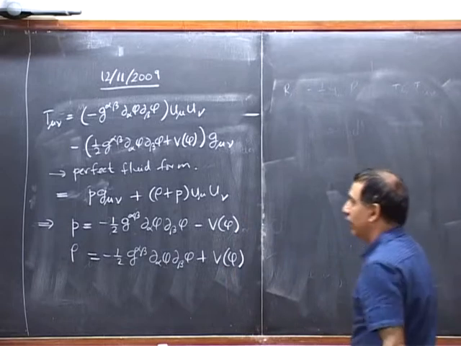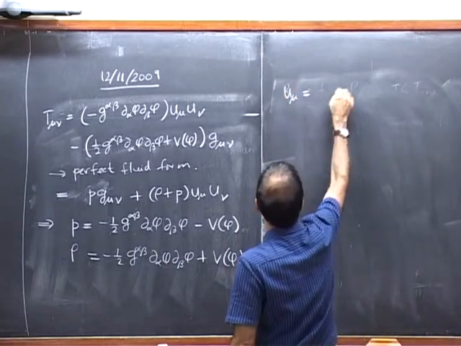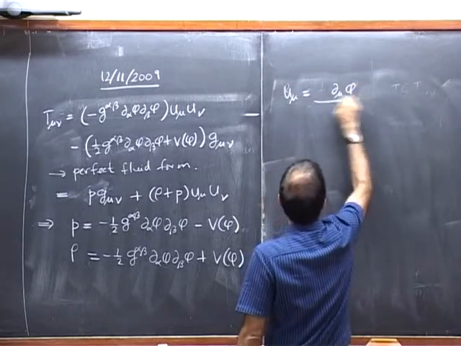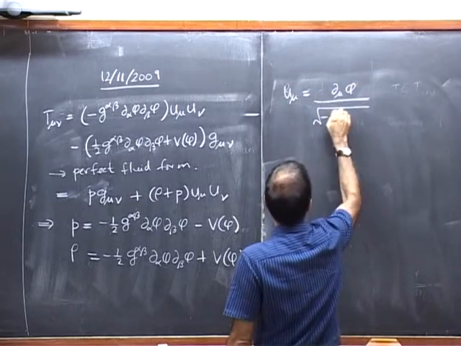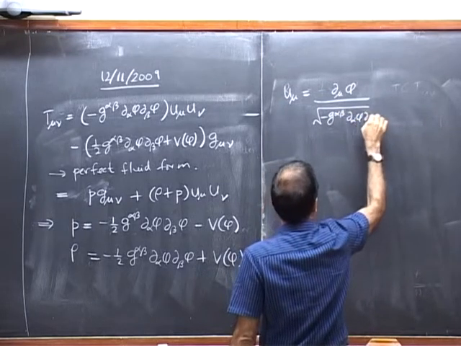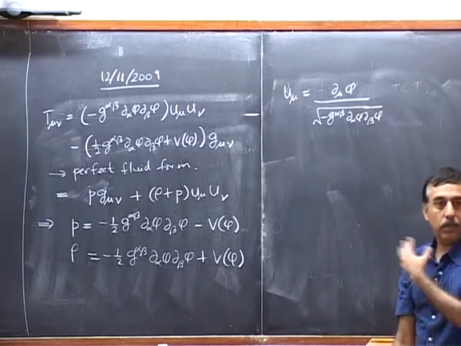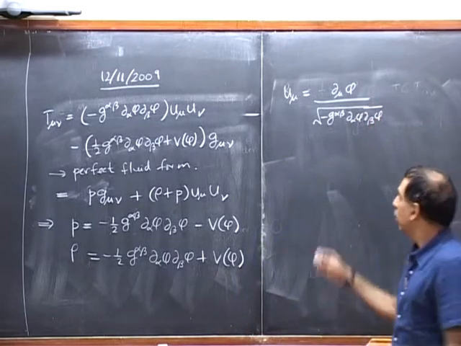I'm not in the rest frame of the fluid because I have u mu equals del mu phi upon square root of minus G alpha beta. So it's correctly normalized, but it's a 4 vector with all 4 components non-zero.